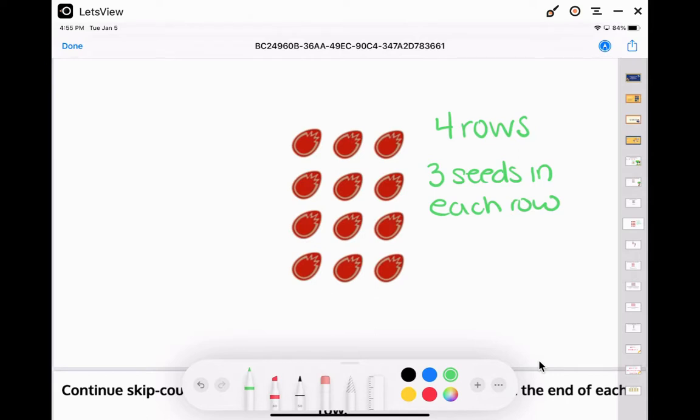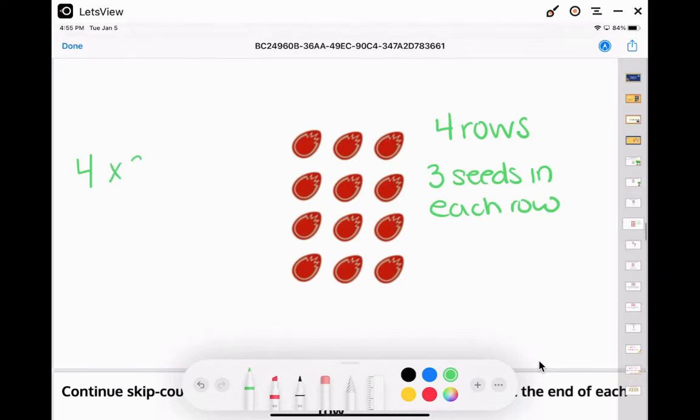The number of rows tells us what our first factor is. In this particular problem, our first factor would be 4. The number of items in each row tells us our second factor. So the multiplication expression that represents our problem is 4 times 3.